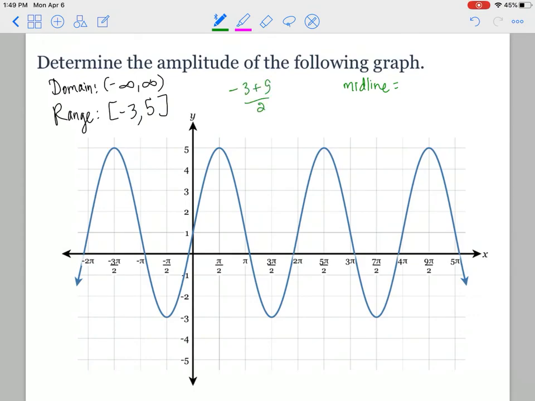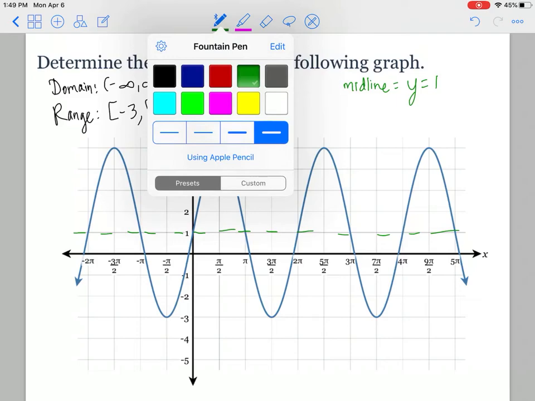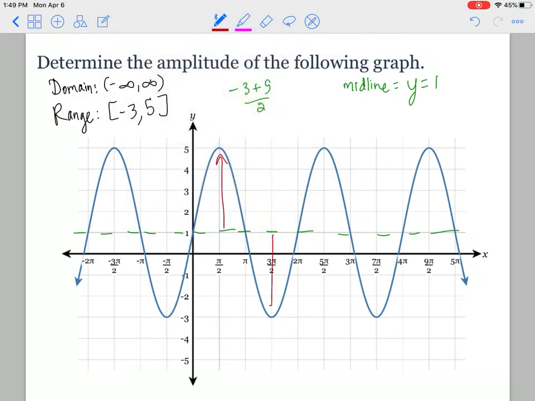And so that midline should have been at, I do believe, 1. Now you can check if the midline is y equals 1 by seeing how much it went up and down from the midline. So this went up 1, 2, 3, 4 up, 1, 2, 3, 4 down. So I do have the right midline because I'm going up and down the same amount.